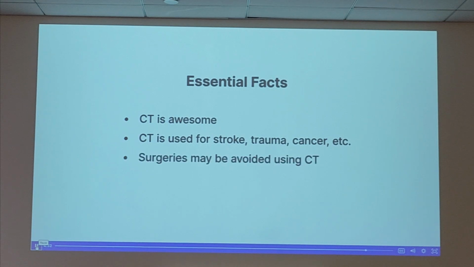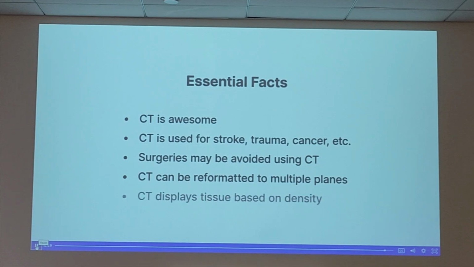Surgeries can sometimes be avoided by CT because it helps us to see internal pathologies that used to require an exploratory surgery. CT can be reformatted to multiple imaging planes. The traditional view is axial, but sagittal and coronal views are also possible. And finally, CT displays tissue based on the density of the underlying tissues. So that's an introduction to computed tomography.